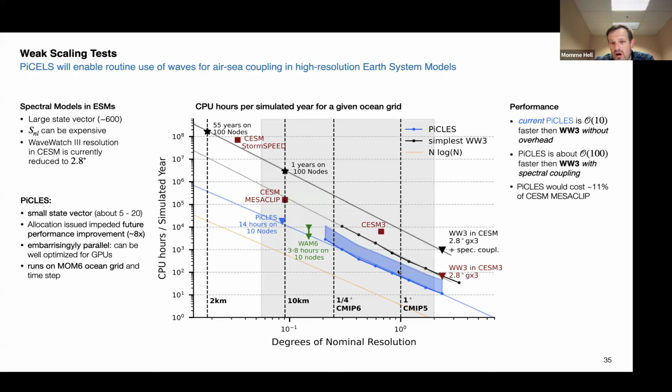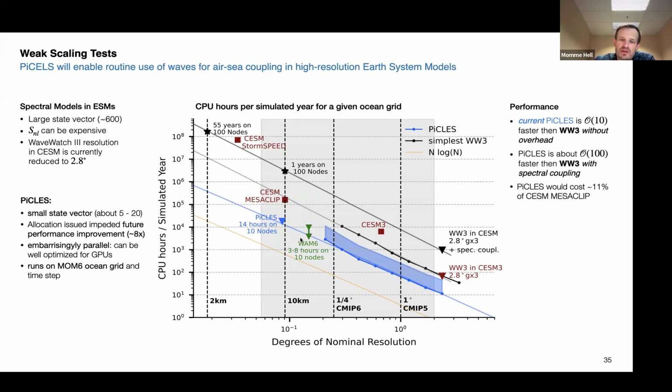That probably comes with costs. But we also know we can improve the performance further because our memory allocation is inefficient, because the programming is not done efficiently enough by me in this case. So it's still open how fast we actually will be, but we will certainly be faster than WaveWatch for most cases, because our state vector is smaller.